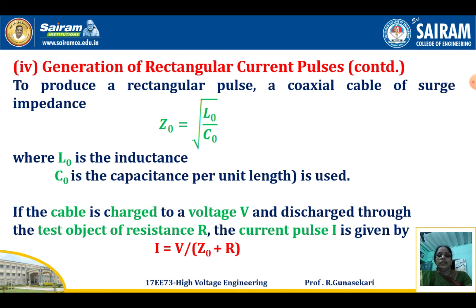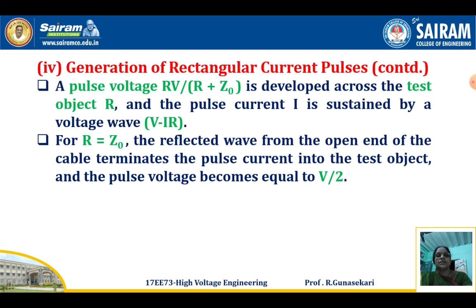Then the cable or pulse network is charged to a voltage V and discharged through the test object of resistor R. Therefore the current pulse I is found by the formula I equals V divided by (Z0 plus R). It is the same as the Ohm's law formula, I equals V by R. The same logic is used here. So the current pulse I equals V divided by (Z0 plus R).